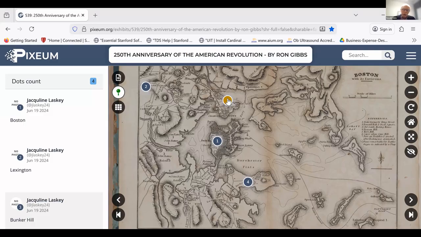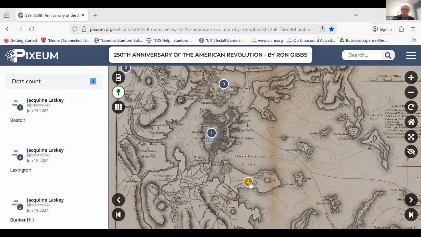That was June 1775. 2 weeks later, George Washington arrives as commander of the Americans, and stalemate ensues during the winter. But in March, at dot number 4, George Washington takes advantage of a British oversight, and he fortifies Dorchester Heights.